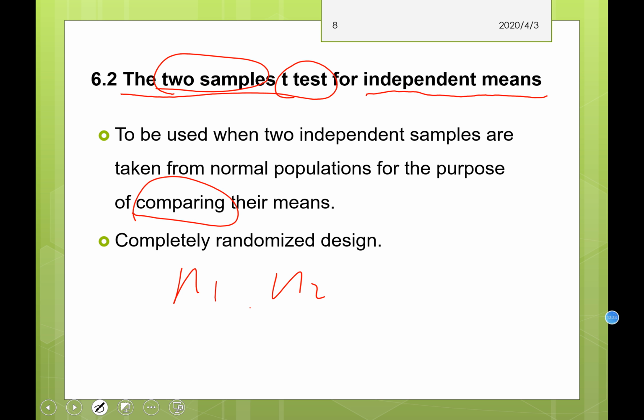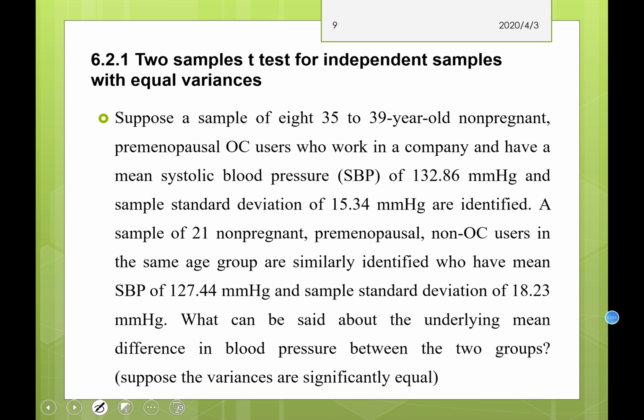Okay, now I will explain the meaning of independent. We said that a paired sample is based on a paired design or matched design. So independent samples are based on a completely randomized design. So what's the meaning of completely randomized design?